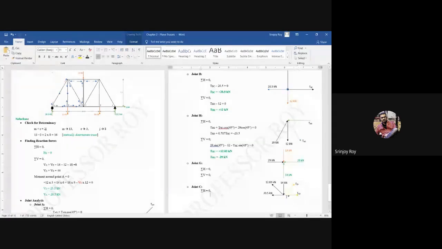Okay. So CF and CD, these are the two points. Look at the equation. How will you frame the equation?